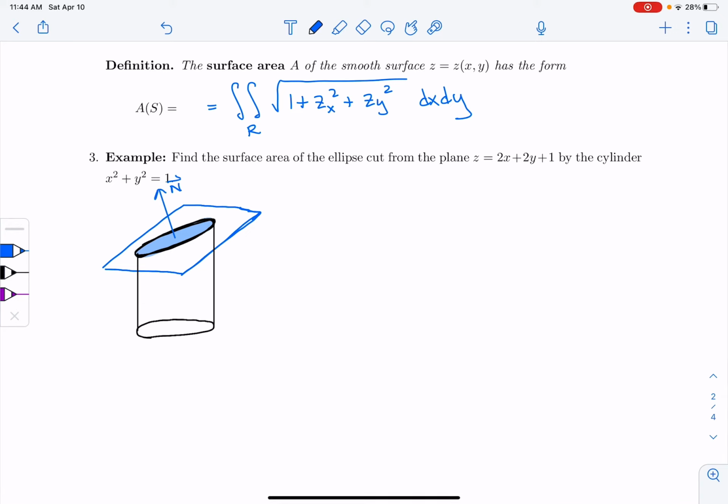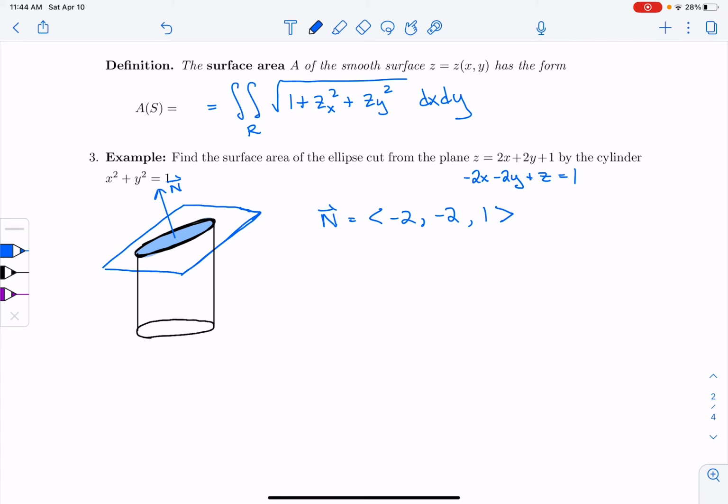If I have the plane z equals 2x plus 2y plus 1, I can think about it as negative 2x minus 2y plus z equals 1. So I know the normal vector just by reading it off: negative 2, negative 2, 1.